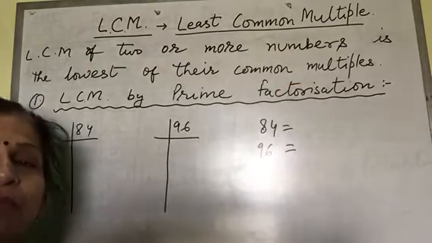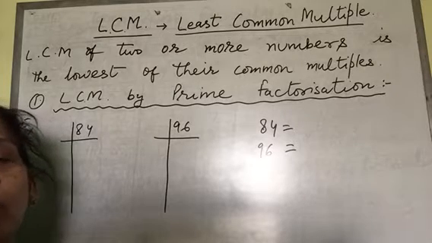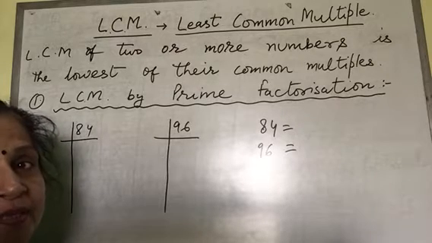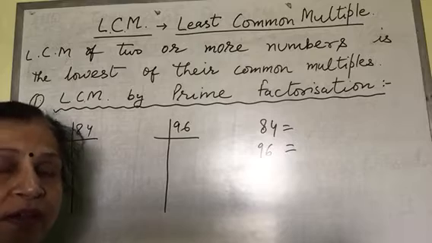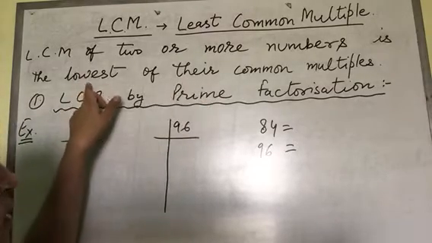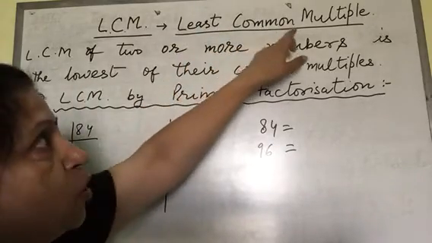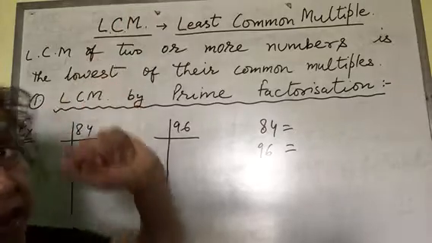It means if two numbers are given to you, first of all you should know what the common multiples between these two numbers are, and after finding the common multiples, the lowest one is said to be the least common multiple or LCM.